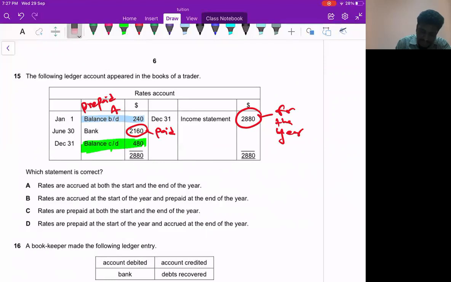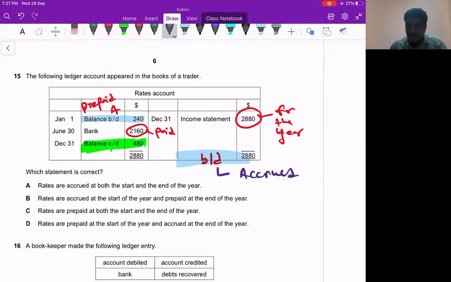If the balance b/d goes on the credit side, it's my liability. When it becomes a liability, whenever it is accrued. Always remember, balance b/d debit means it is your asset. Balance b/d credit means 480, 480 credit means it is a liability. Liability means accrued. Expenses accrued is a liability.